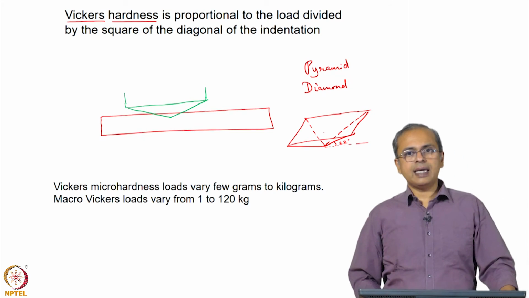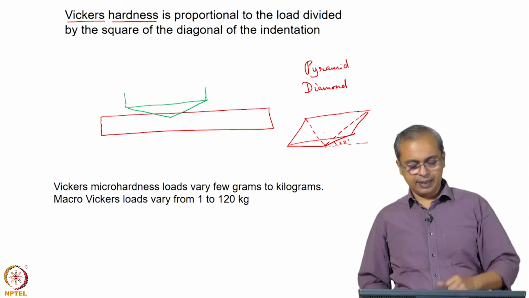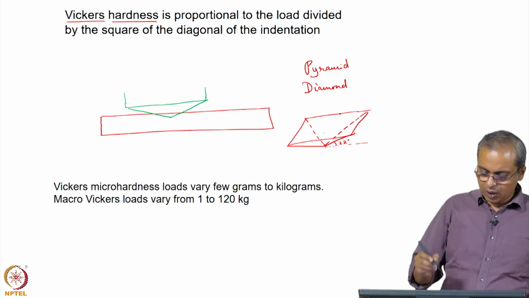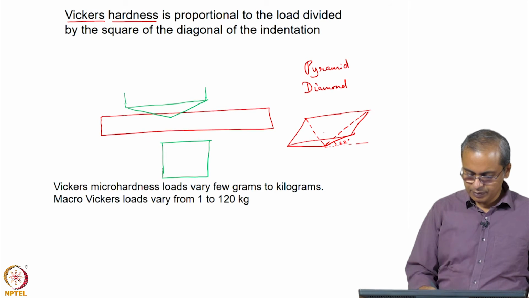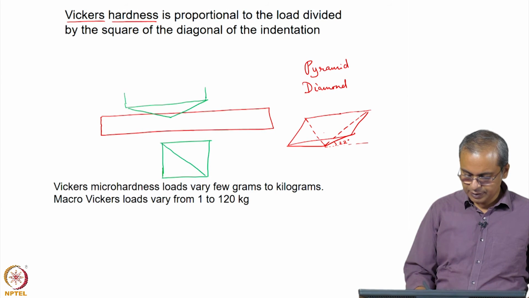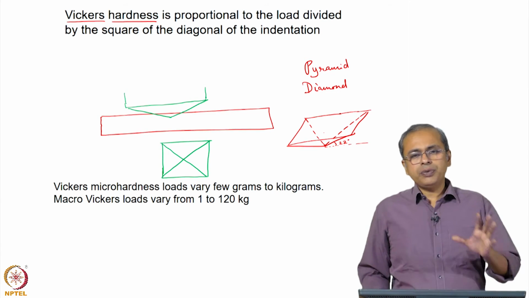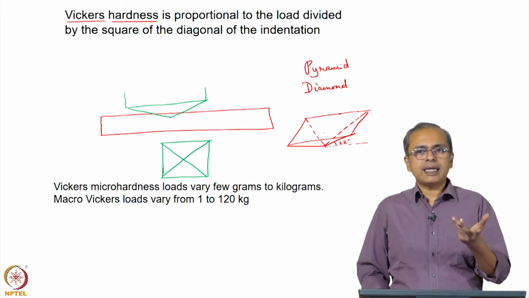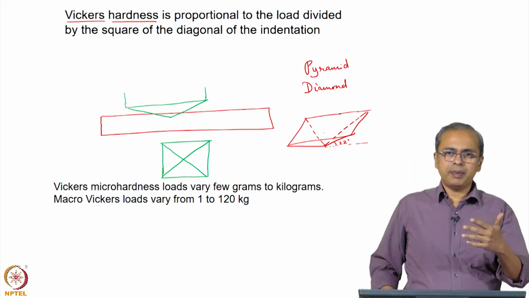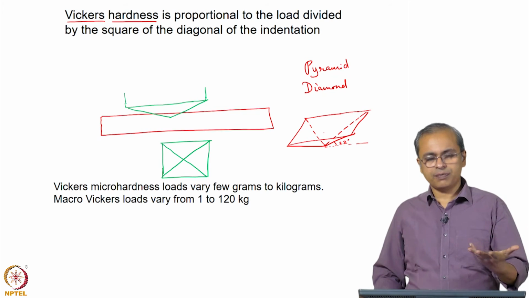Once you are done making the indentation, if you remove this indenter, you can look down on that indentation and you will see an indentation that looks like this, a roughly square shape, and it will have 2 diagonals. Given that it is a pyramid, you should get an exact square, but you may or may not get an exact square based on maybe some lateral variation in properties of that sample.